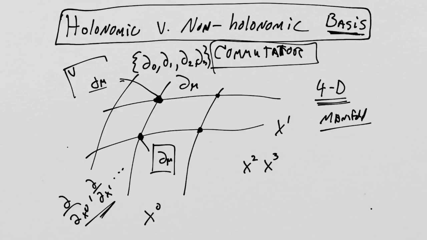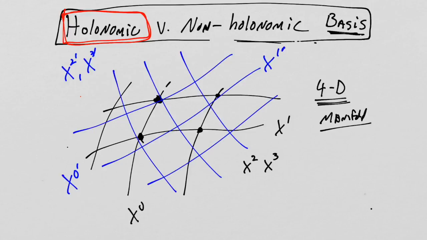So this kind of basis system is called a coordinate basis system. It's also a holonomic basis system. Any basis system that's attached to a coordinate system is holonomic. And if we did a change of basis, if we took this basis system and changed it to another one, this blue one, for example, which I call the prime system, and I like to put the primes on the index itself, right?